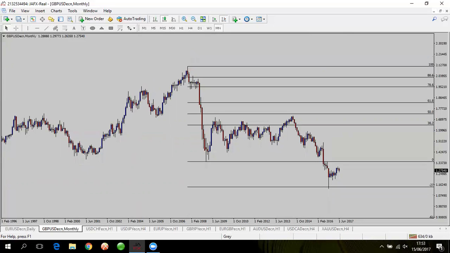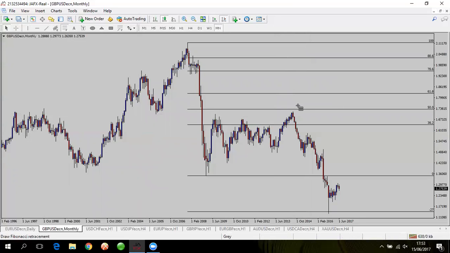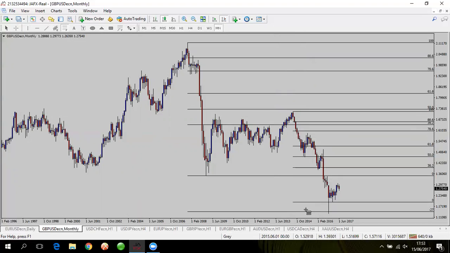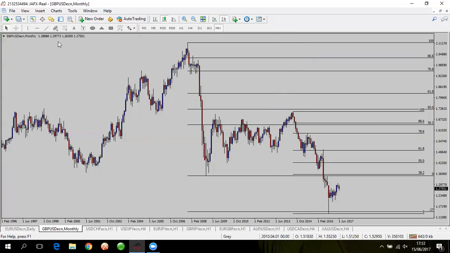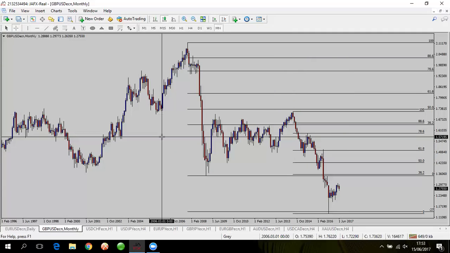Now, with this, what could happen after we got our extension level hit is, if we measured this impulse from A to B, we could see price pull all the way back up to 38.2. However, that goes in correlation with our euro analysis.